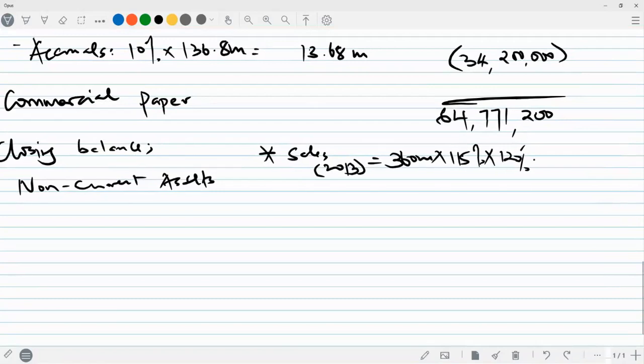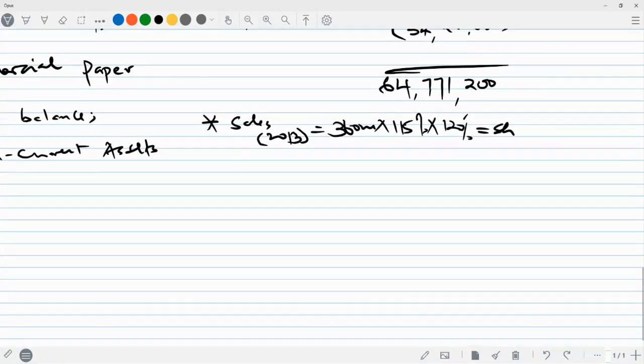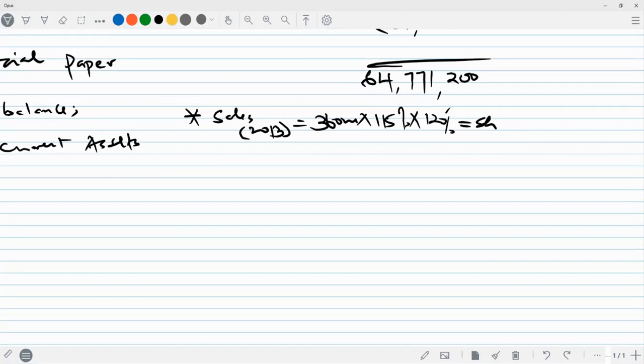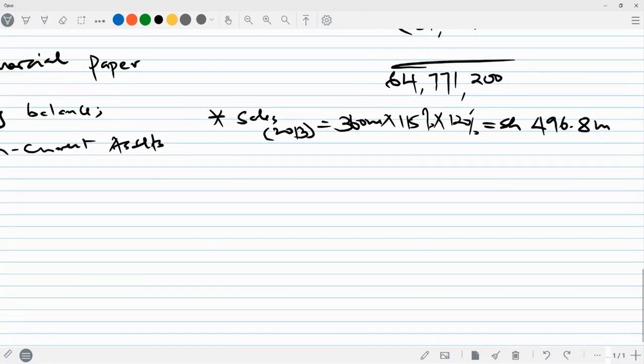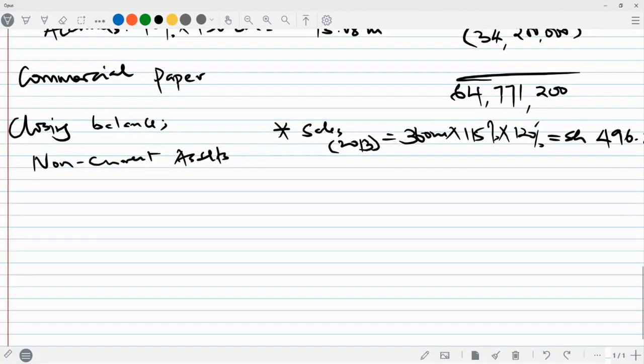You got what? 496.8 million. Therefore, the value for the non-current assets by the end of the year will be equal to 52% times the sales value for that year, which is 496.8 million.